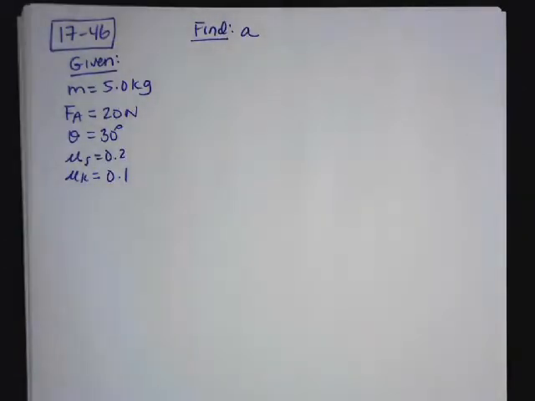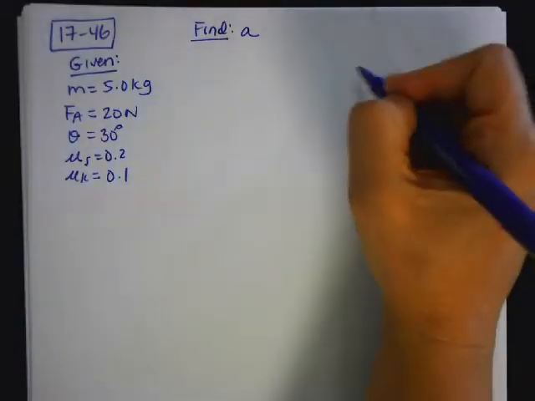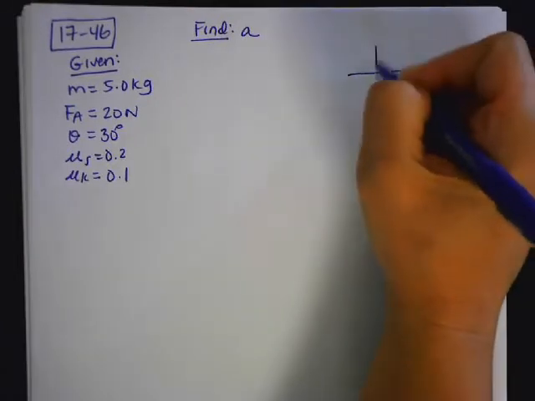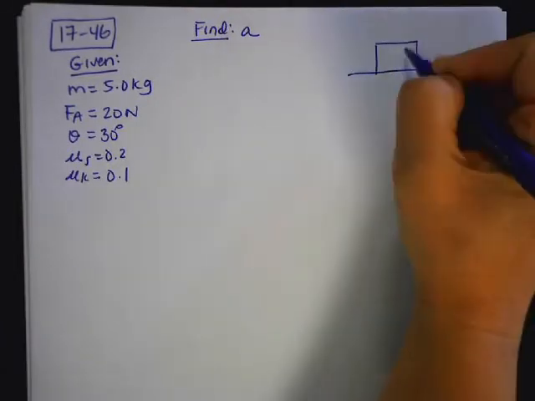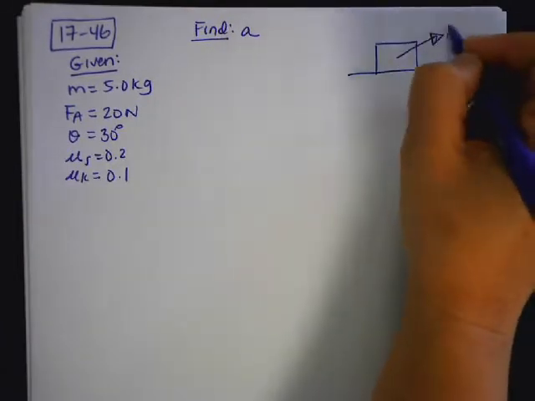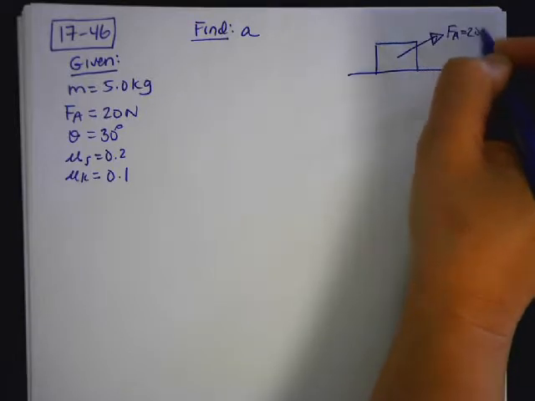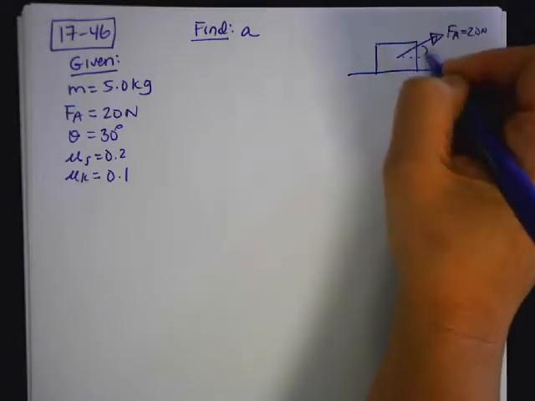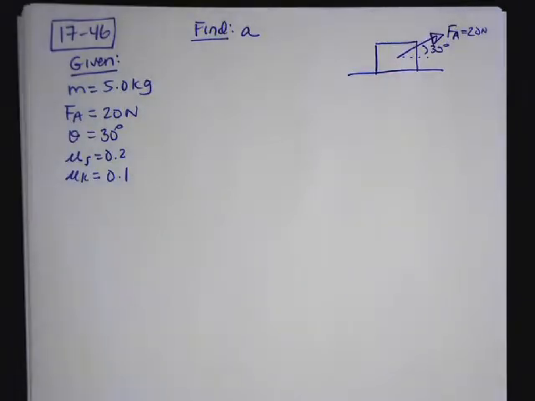The first thing I'm going to do is draw my what's-happening picture, which they have there. So I have this box, and it's being pulled with an applied force of 20 newtons, and this is acting at an angle of 30 degrees. Next I'm going to draw my free body diagram.